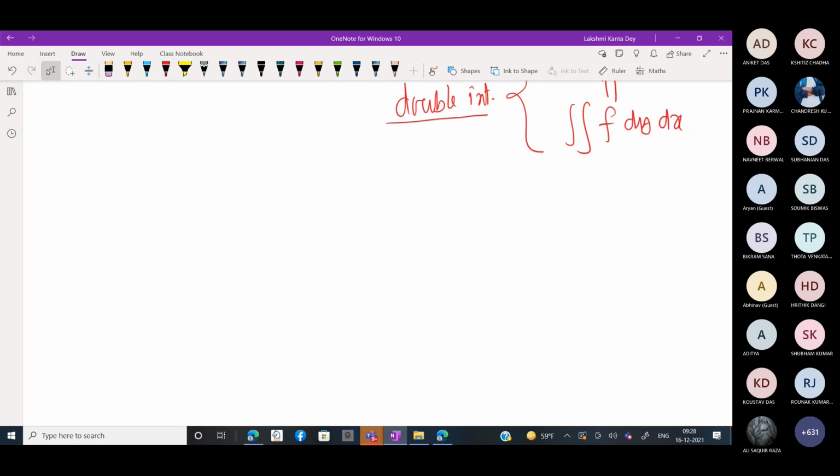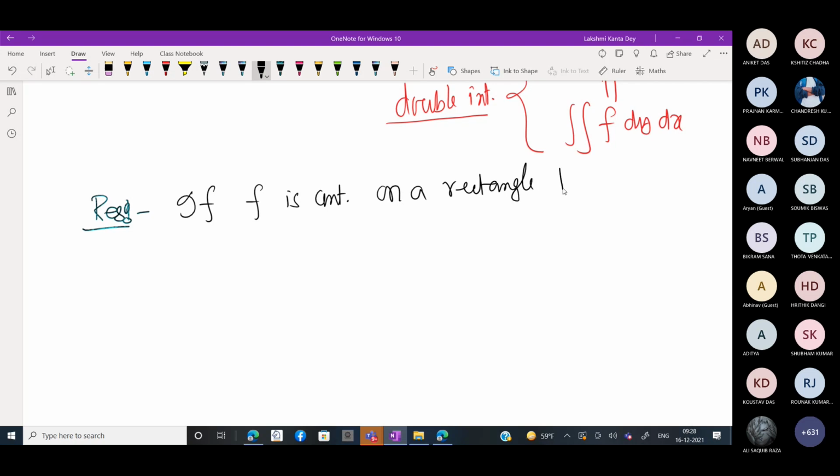And next we would like to write one theorem: if a function f is continuous on a rectangle R, then it is integrable on R. This R is not the set of all real numbers, so you have to be careful.